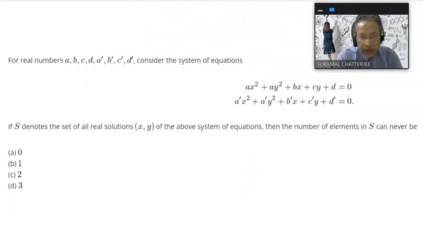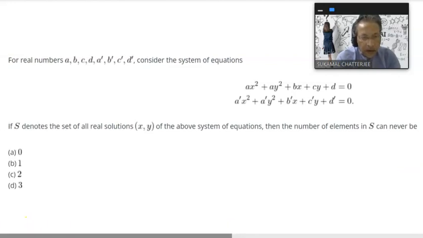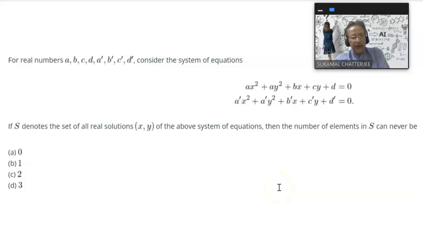We move to the next question, which is question number 30. In this question, it says for real numbers a, b, c, d and a dash, b dash, c dash, d dash, the system of equations given by these two has real solutions of x and y.